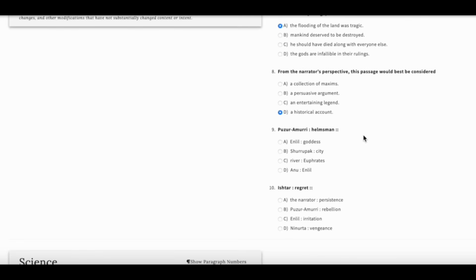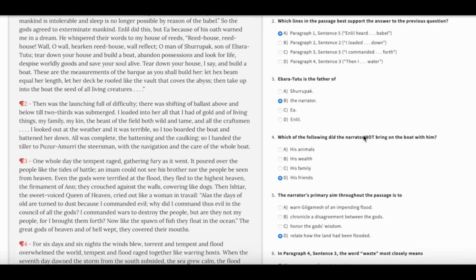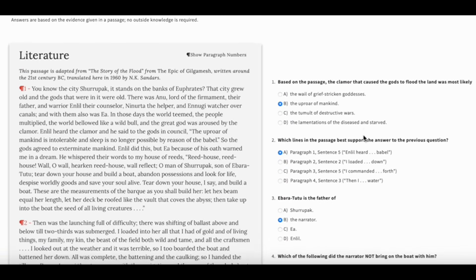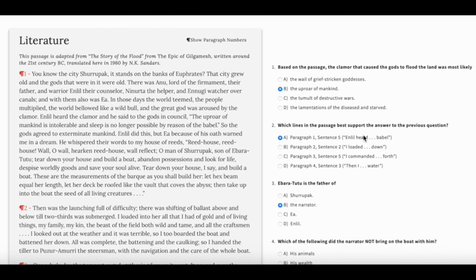Is Enlil the... All right? As Enlil is the goddess? Okay? Is Enlil the goddess? We'll go back to it. Who's Enlil? I think Enlil is a god. I think so, too. I'm in paragraph 1, and I see Enlil. Line 3.